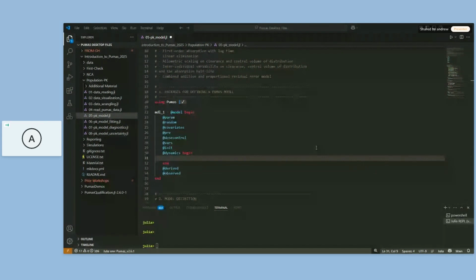But ultimately, what is our transformation? The change occurring here is an elimination of the drug based off of this clearance.